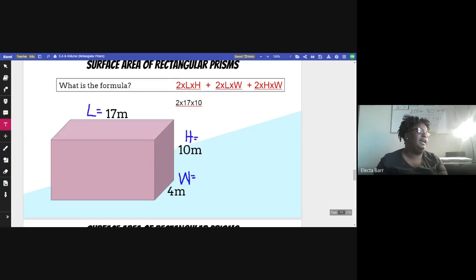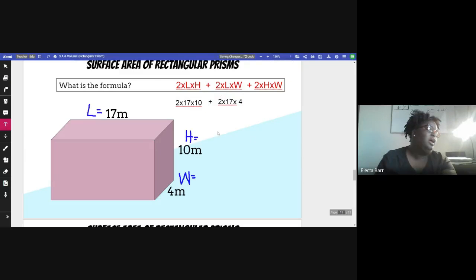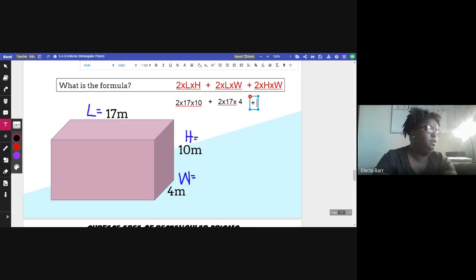Then the next part says plus 2 times the length, which was 17, times the width, which we said was 4. And then the last part, we say plus 2 times our height, which is 10, times the width, which is 4.